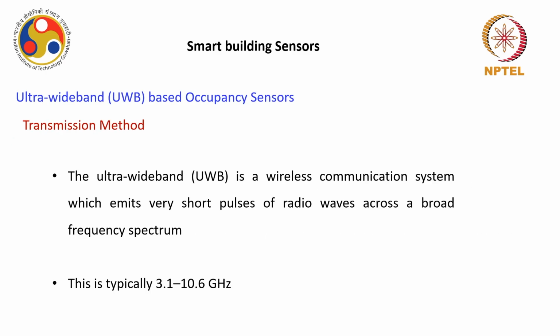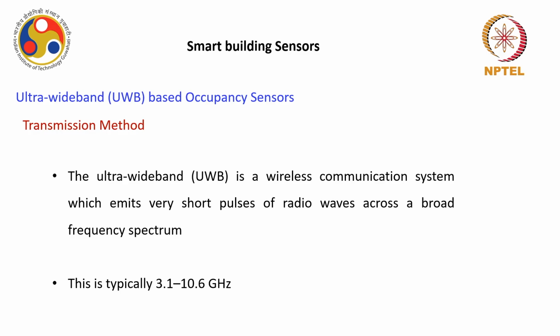Then an alternative technology to these Wi-Fi and Bluetooth based devices is the UWB based occupancy sensor, or ultra wideband based occupancy sensor. So let us see what is the transmission method in UWB based occupancy sensor. The ultra wideband UWB is a wireless communication system which emits very short pulses of radio wave across a broad frequency spectrum.